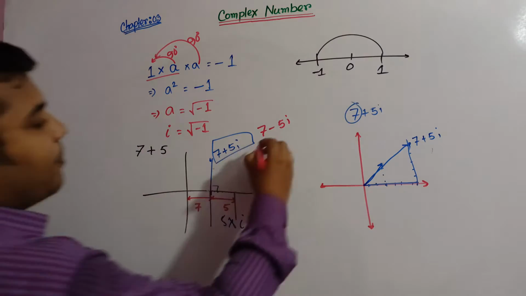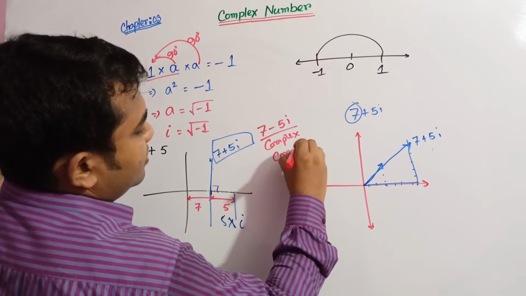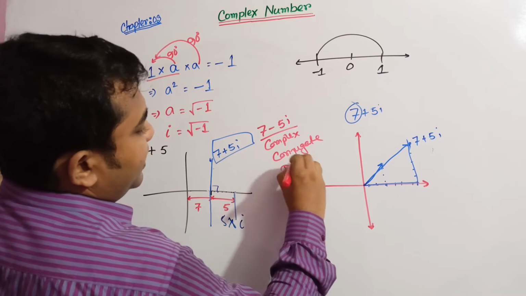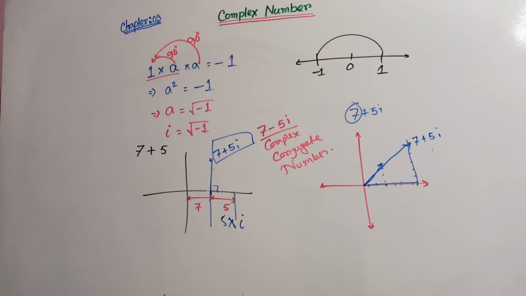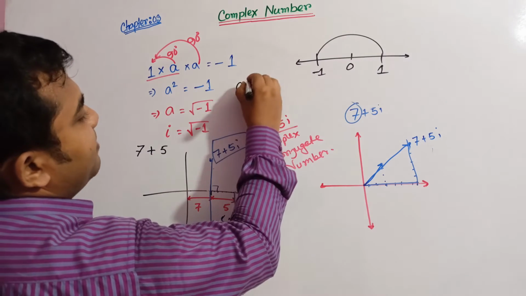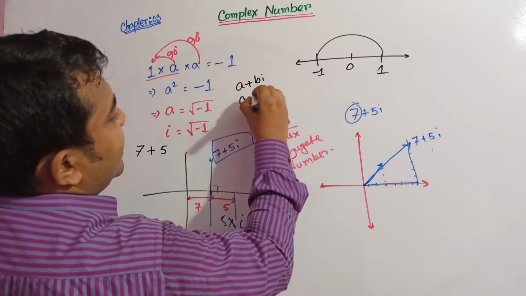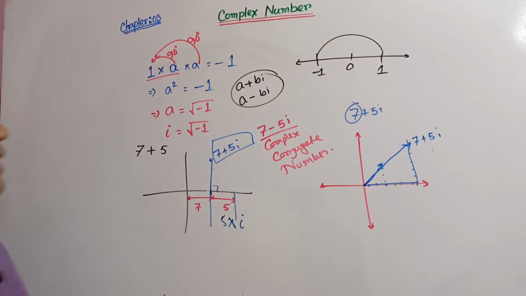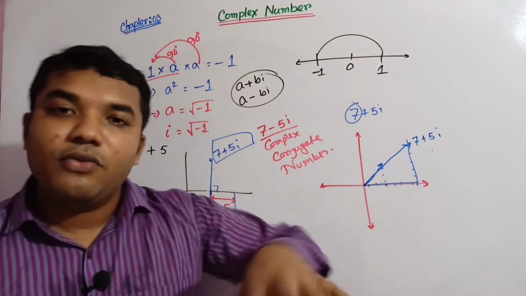That is called the complex conjugate number. So if I ask you, can you tell me what is the complex conjugate of a plus bi? Obviously you will tell us that a minus bi will be the complex conjugate. So we have understood the complex number clearly, and then we understand what the complex conjugate is from here.